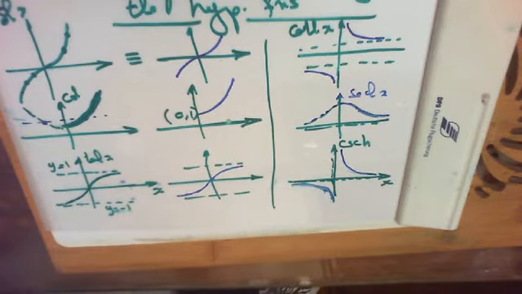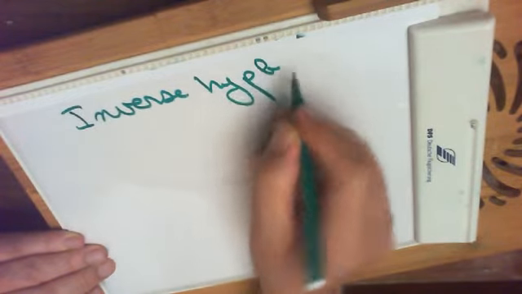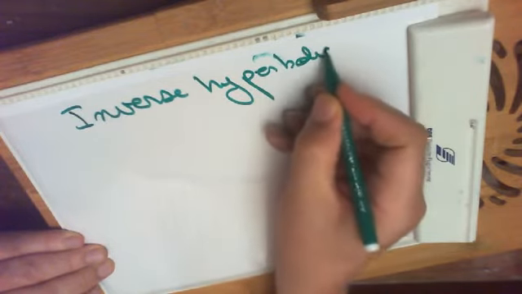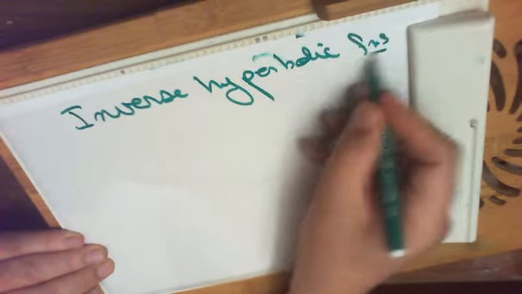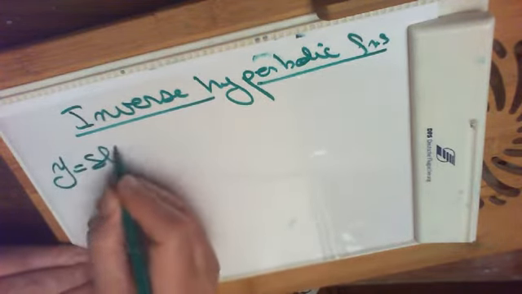Now let us enter the inverse hyperbolic functions, function by function. First one, inverse of sine, y equals sine minus 1 x.